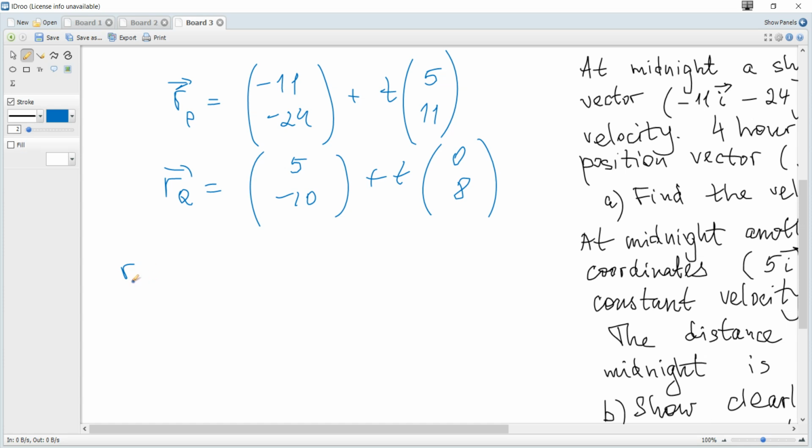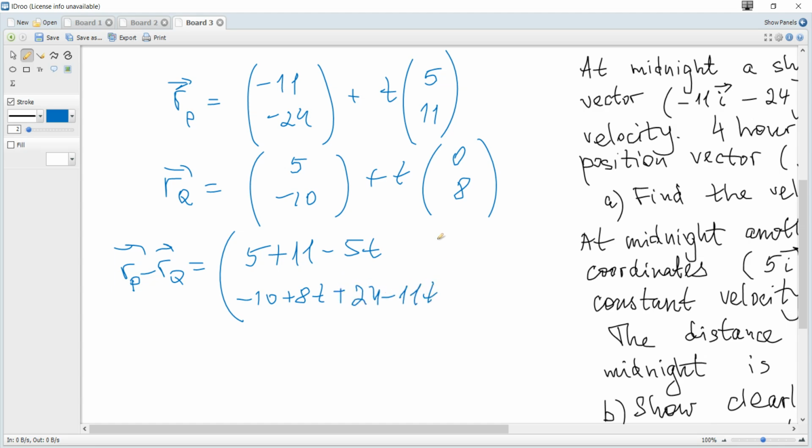So let's consider vector RP minus RQ, and to find the coordinates of this vector, we just take 5 plus 0t minus (-11 plus 5t), and -10 plus 8t minus (-24 plus 11t). And it's 16 minus 5t, and 14 minus 3t.